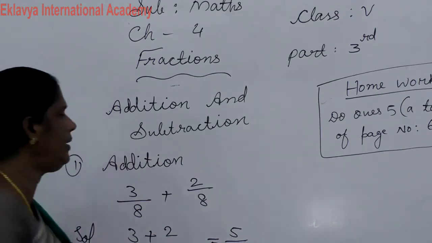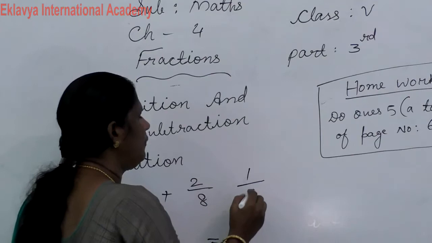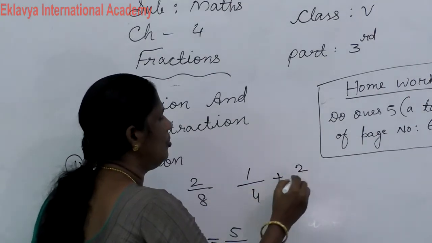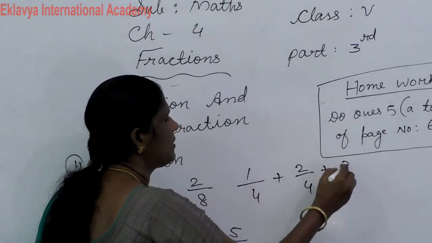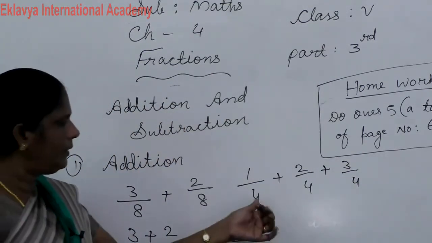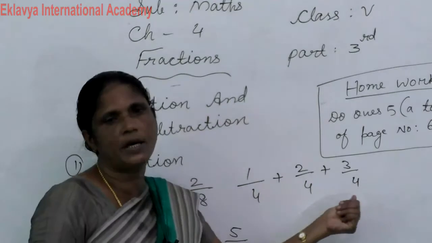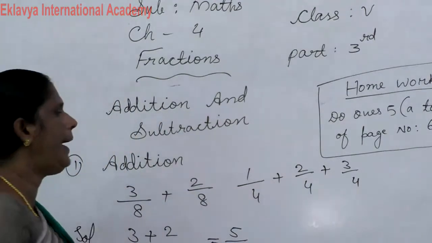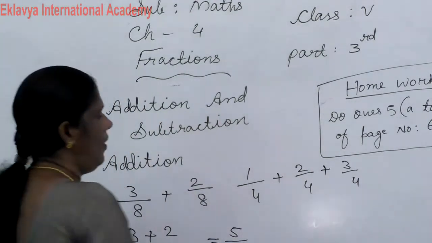Understand again. 1 by 4 plus 2 by 4 plus 3 by 4. When the denominators are same, we add directly.